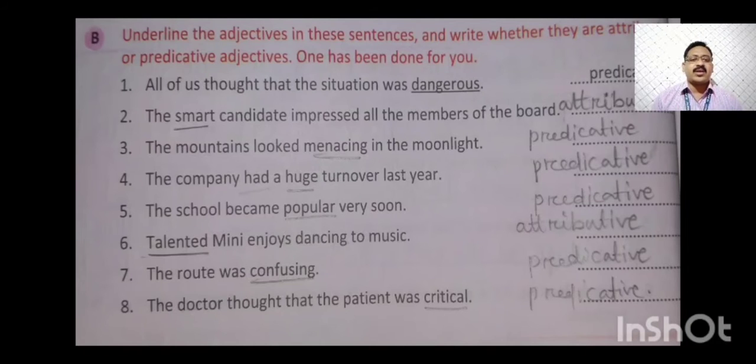The doctor thought that the patient was critical. We are talking about the patient. It is critical, but you can see critical is after the noun patient. So it is a predicative adjective. So in this Exercise B, we find out whether the adjective is attributive or predicative by seeing the position of the adjective.